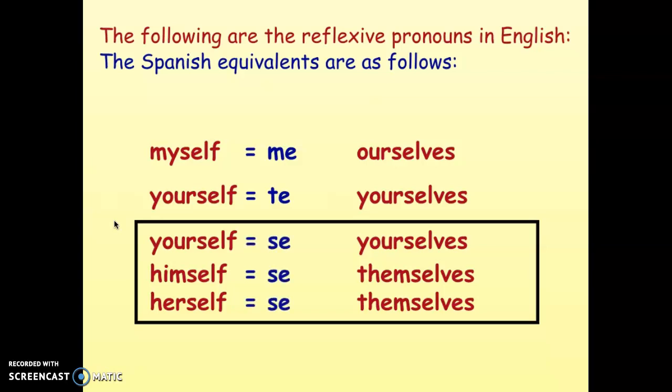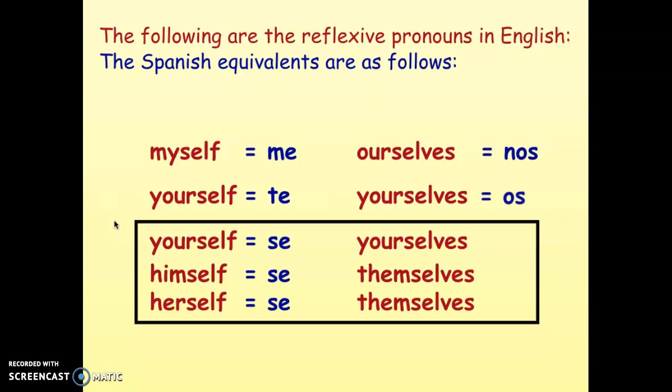Yourself, himself, and herself will be se. Just take a note that yourself in this manner in third person, we're talking about the usted version of yourself. Then we have ourselves, which is nos.